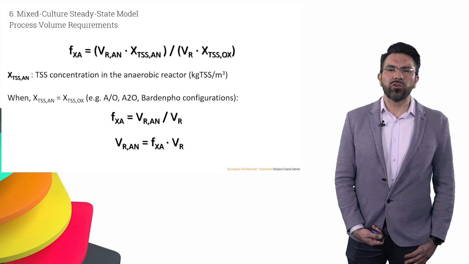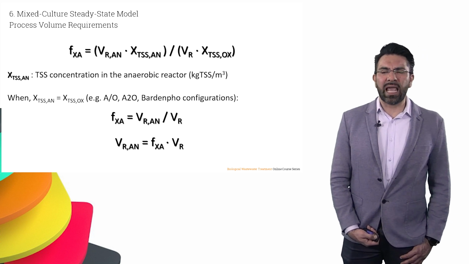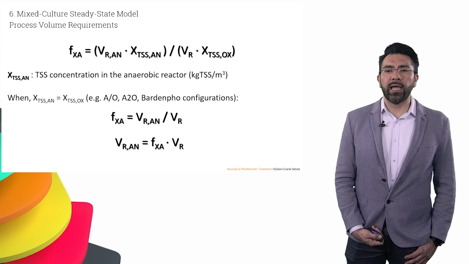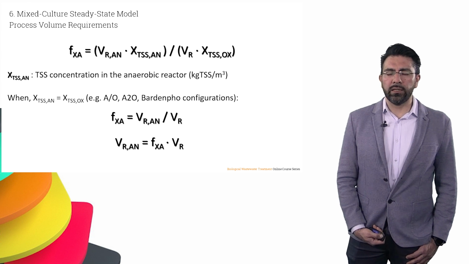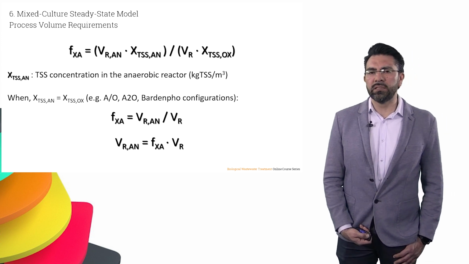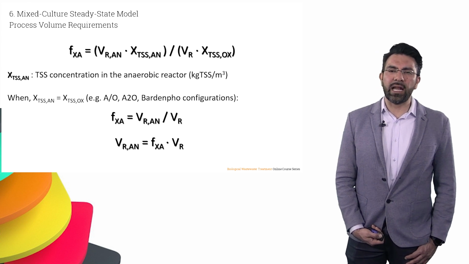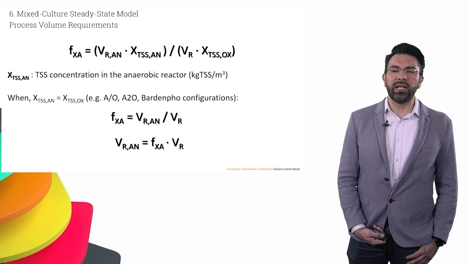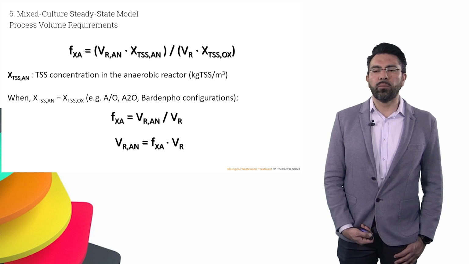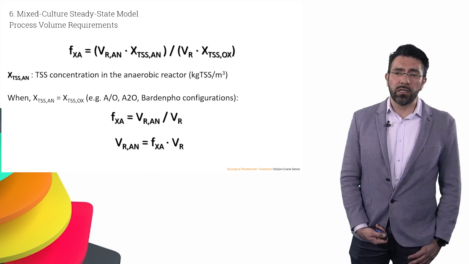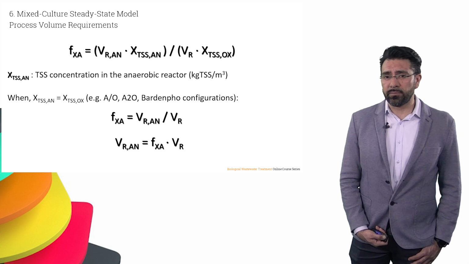That means that if the concentrations are more or less the same, this term could be disregarded in the equation, and then the anaerobic mass fraction can be estimated only as the ratio between the volume of the anaerobic reactor divided by the total volume of the system.